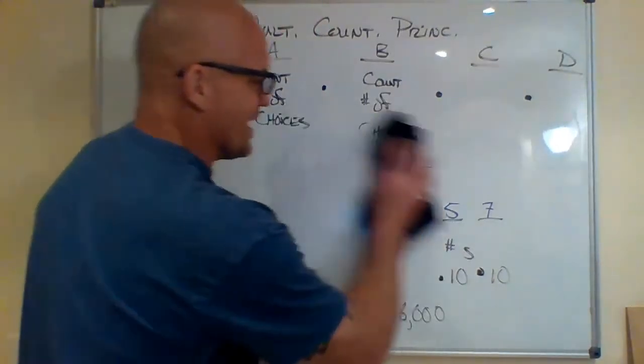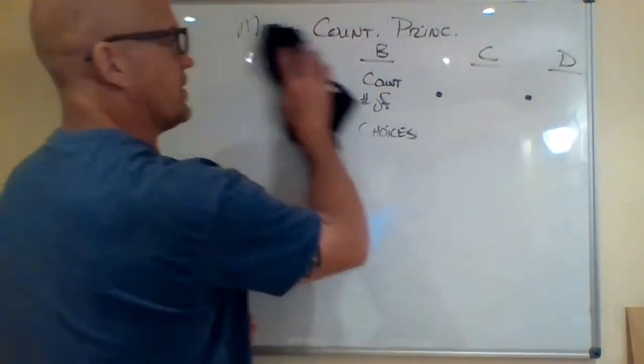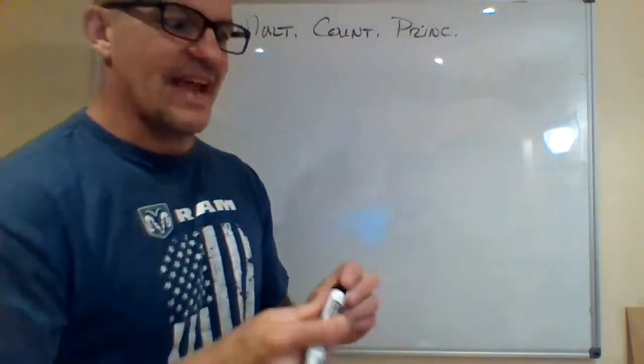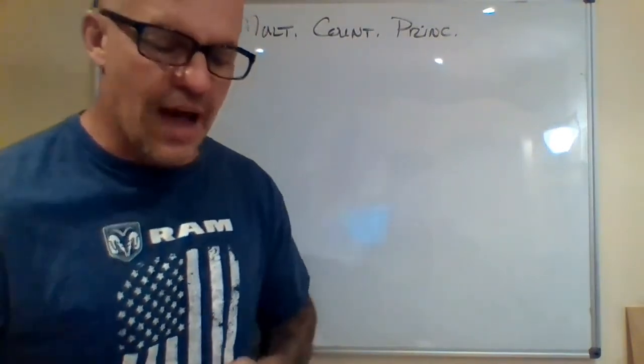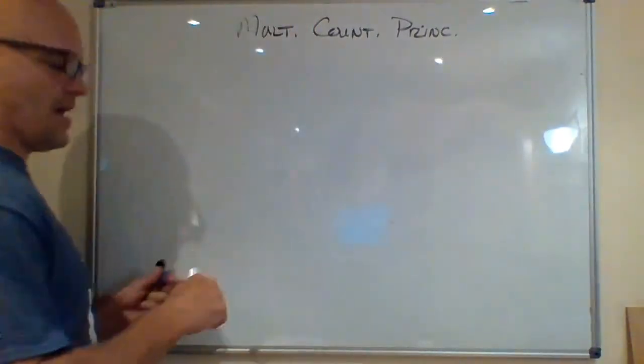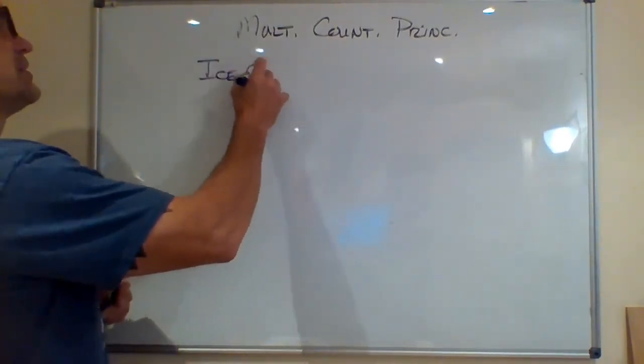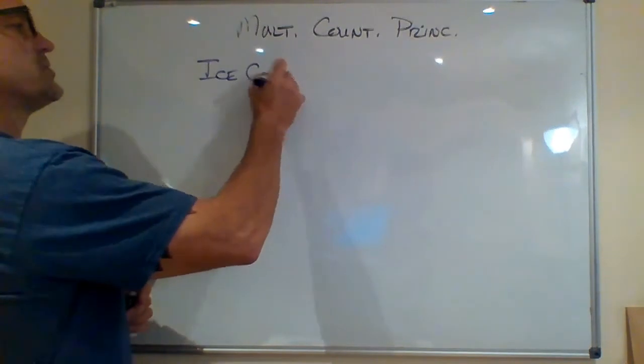Another way that you could use something like the multiplicative counting principle would be ice cream. Let's say you go to an ice cream shop and they have some sort of ice cream special.